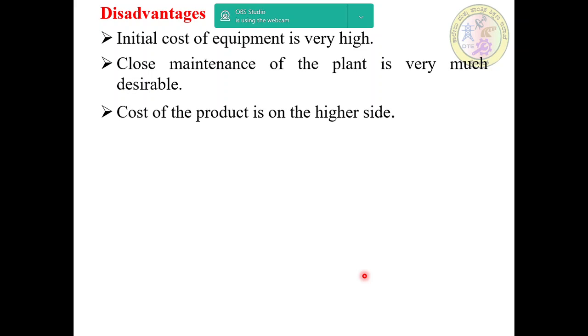The main drawbacks or disadvantages of this process include the very high initial cost of the equipment, close maintenance of the plant is very much desirable, and the cost of the product is on the higher side. These are the main disadvantages of this process.